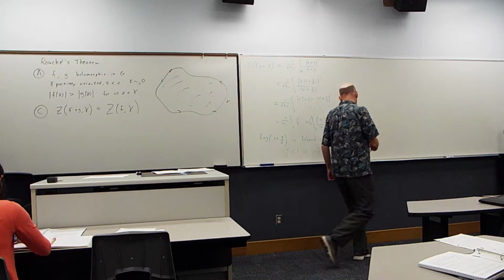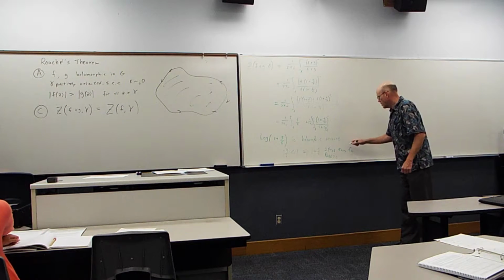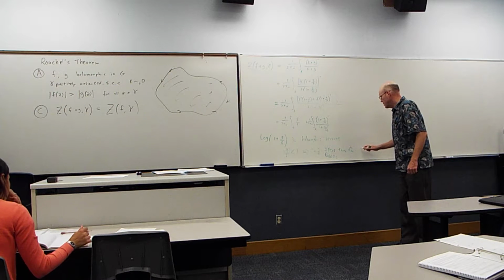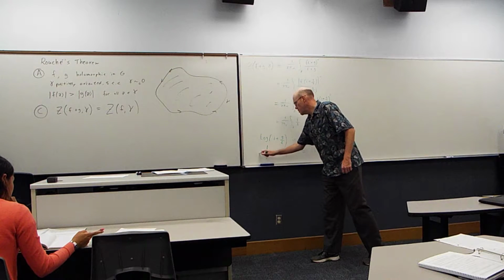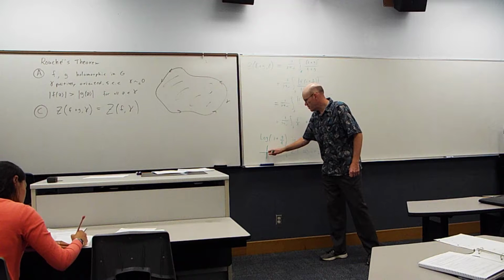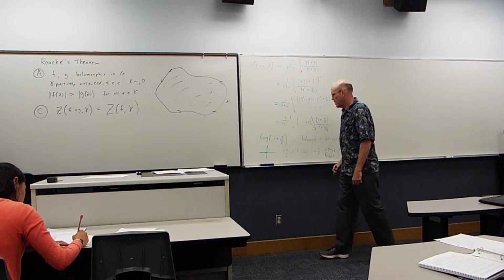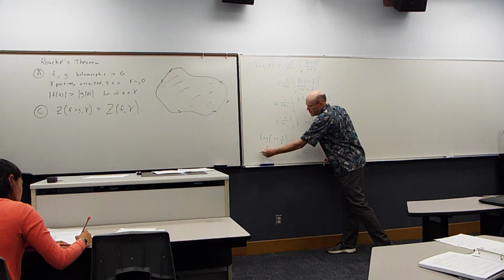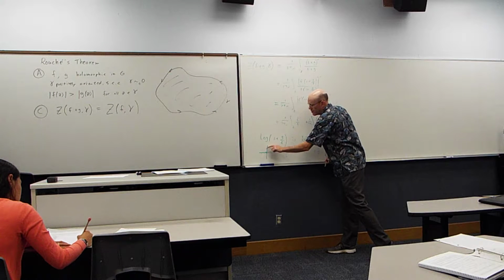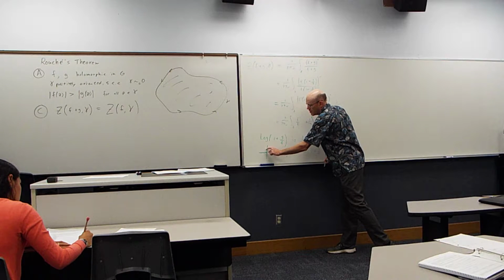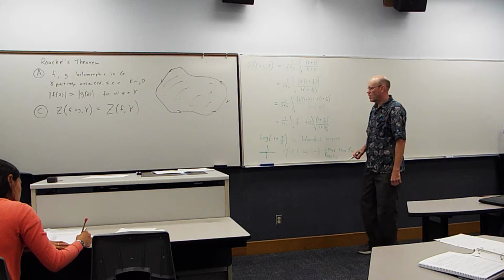In other words, if here's the complex plane, it stays away from this. So this inside part here stays away from there. So that means it's going to be holomorphic.